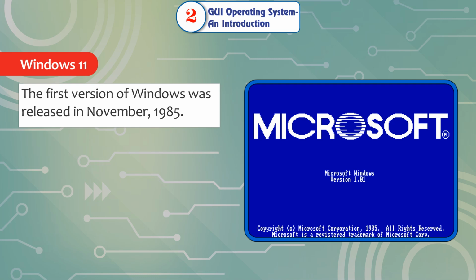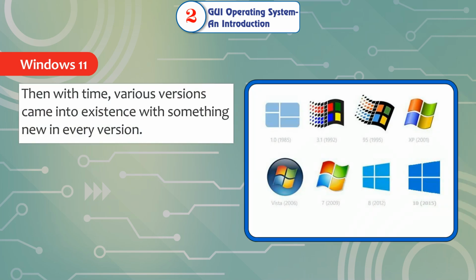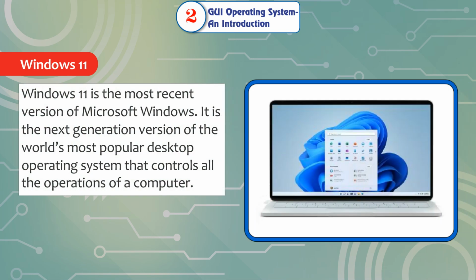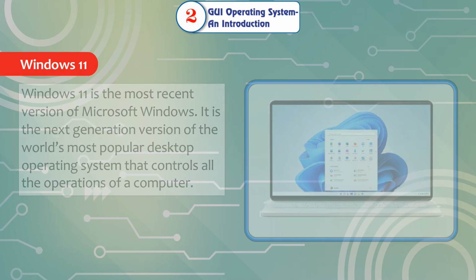The first version of Windows was released in November 1985. Then with time, various versions came into existence with something new in every version. Windows 11 is the most recent version of Microsoft Windows. It is the next generation version of the world's most popular desktop operating system that controls all the operations of a computer.